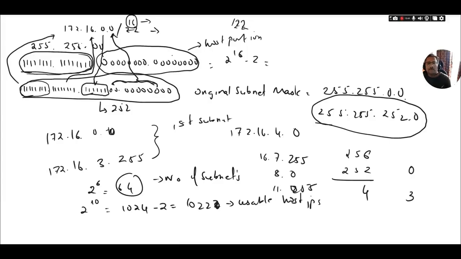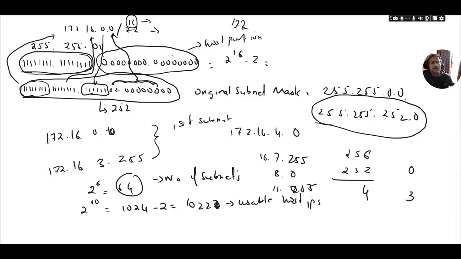Of course, if there are 64 subnets, you may not have to write them all down, but you should know, if somebody gives you any IP randomly, which subnet that IP belongs to. So that's it about subnetting.